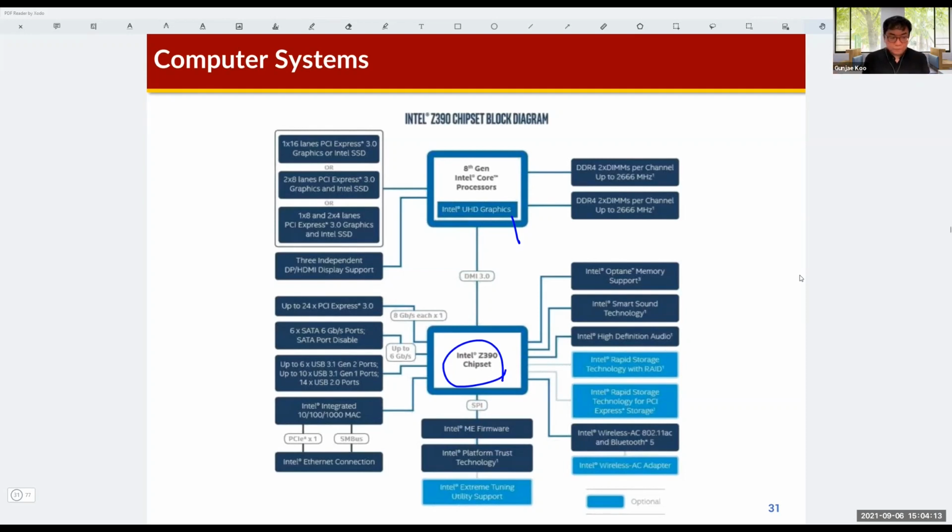We can understand how the CPU is connected to memory, GPU, and the mainboard chipset, how other devices like storage and I/O devices are connected to the mainboard chipset, and how the CPU and mainboard chipset are connected. It's the system architectural view, another level of abstraction.